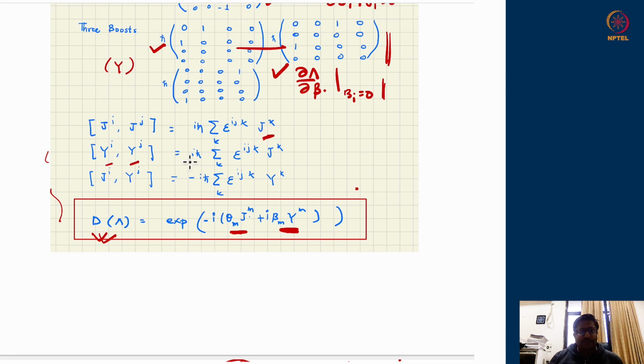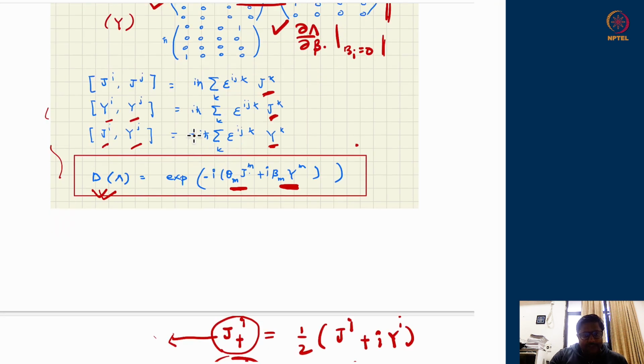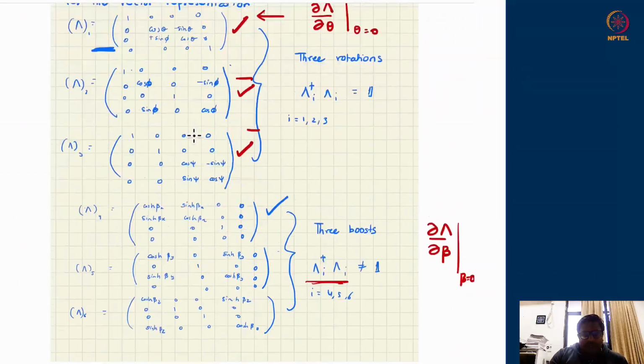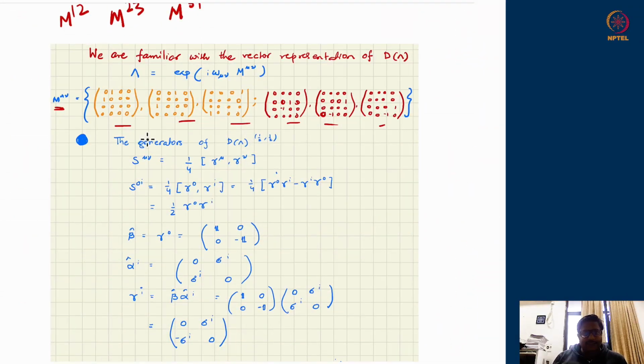The commutator of boosts is supposed to generate a rotation generator, and the commutator of a boost and a rotation is supposed to generate a boost generator. So this is the relation between the 3 J's and 3 Y's, and you can verify that the relations we had written above are indeed satisfied by these 6 elements.